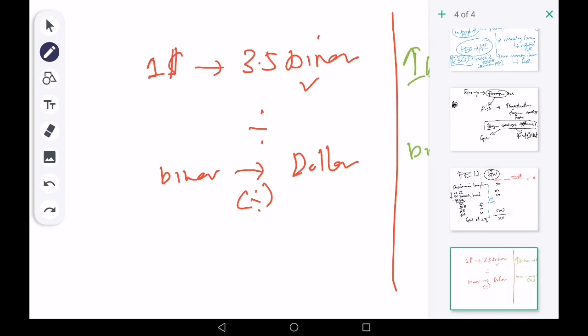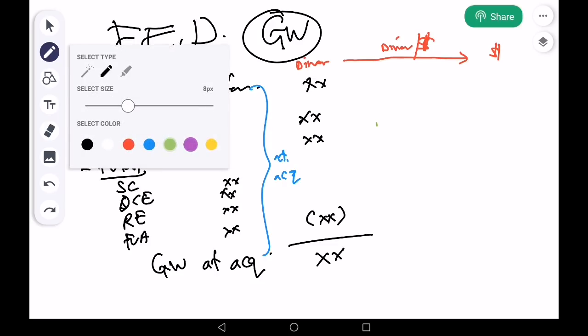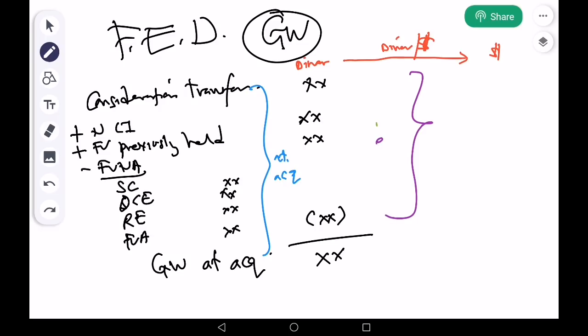Back to this. So remember, you don't need to put anything here. Nothing to be put here, class. All this, make it empty. So you only put the rate here. Opening, or we call it the spot rate. Translate it to the dollar.